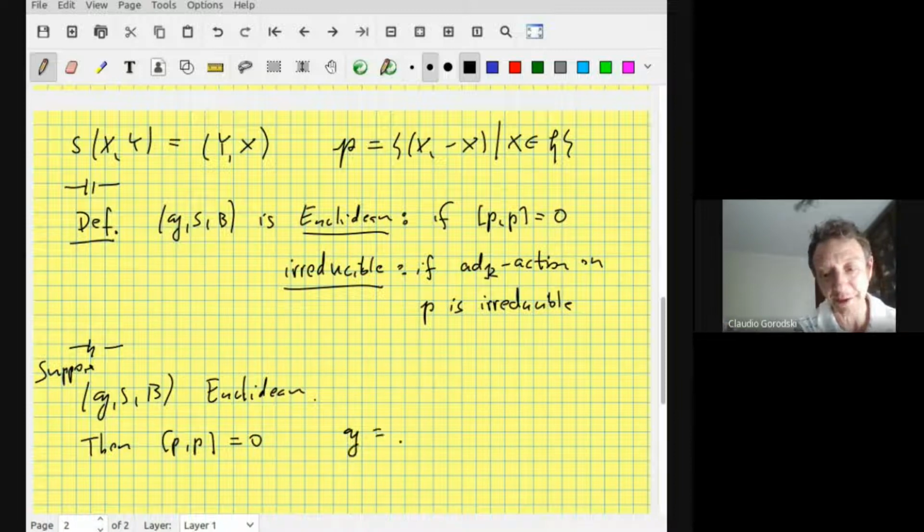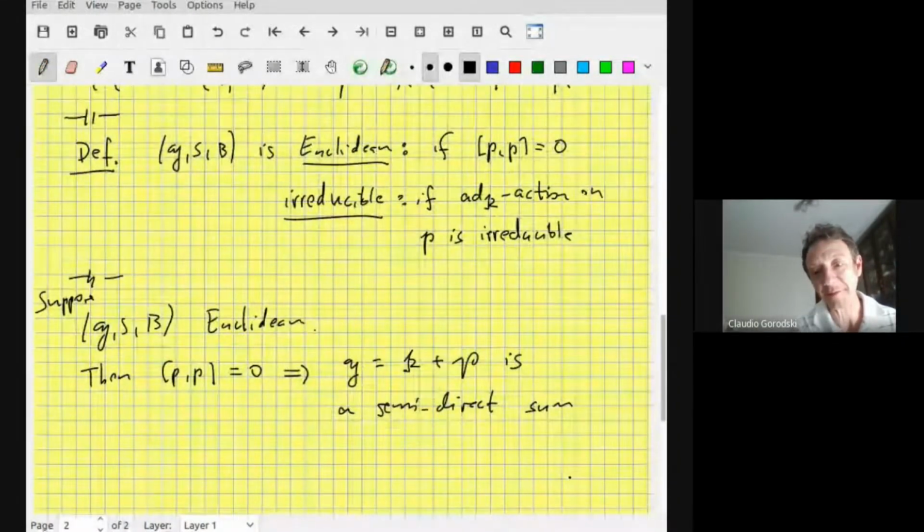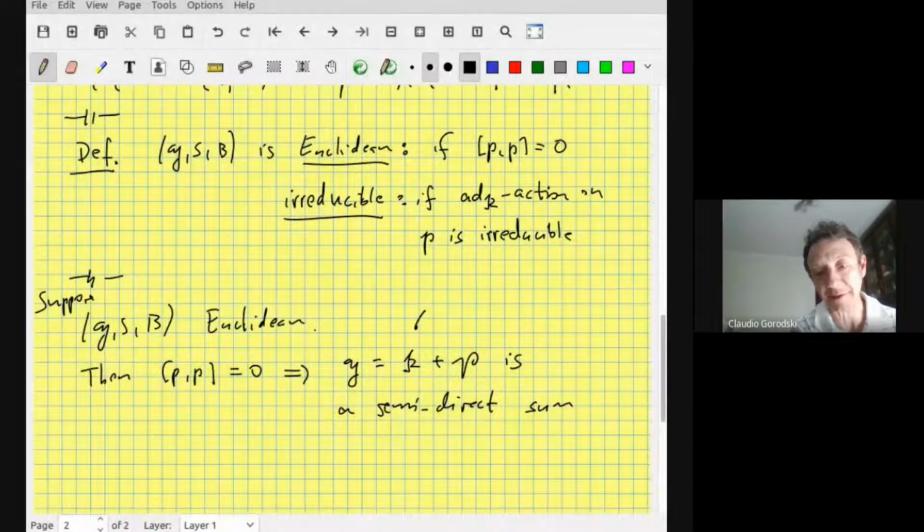So we write G as K plus P. This implies that this is a semi-direct sum, because K is a subalgebra, right? P is abelian, and K acts on P.